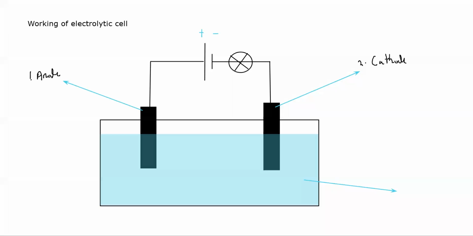And what is this third one known as? Yes, solution or electrolyte. Electrolyte is the chemical term we use for electrolysis. And what is number four?